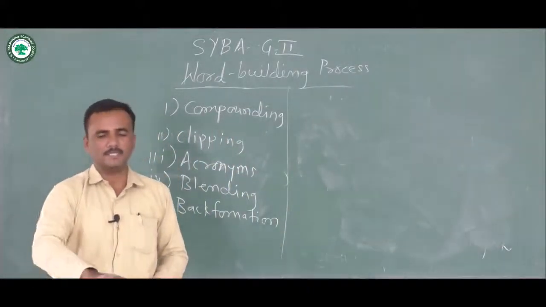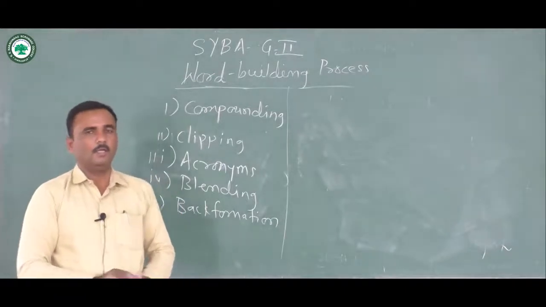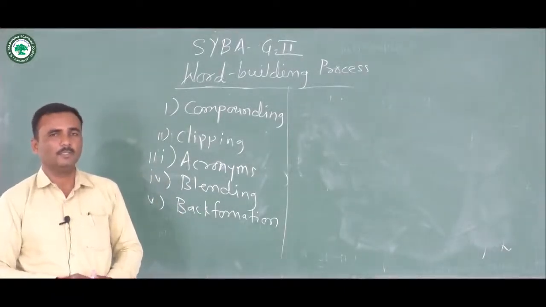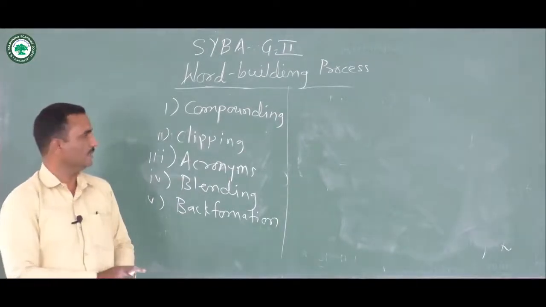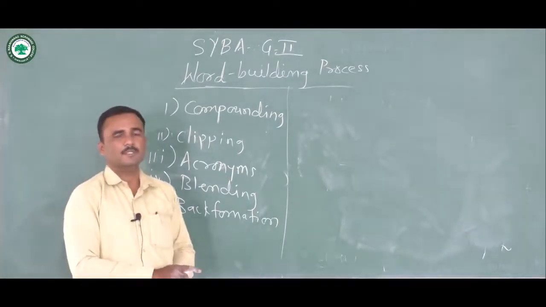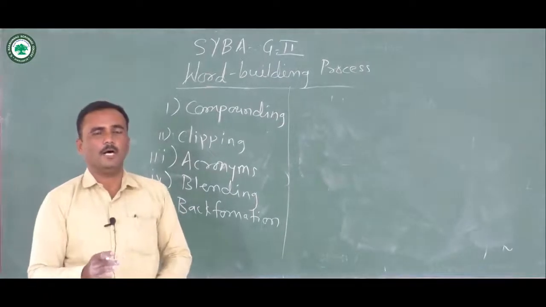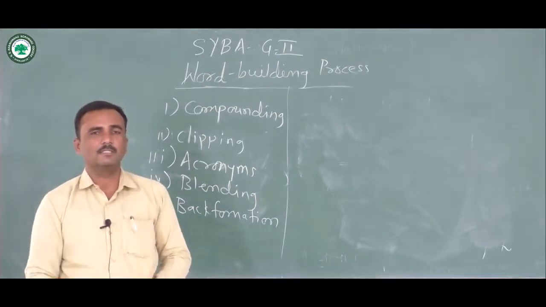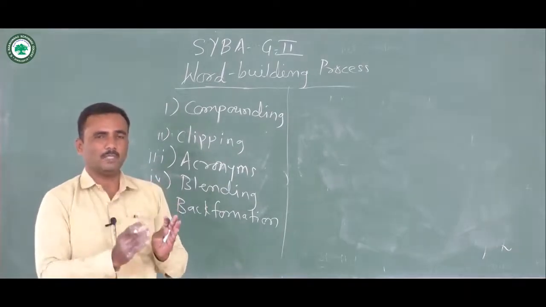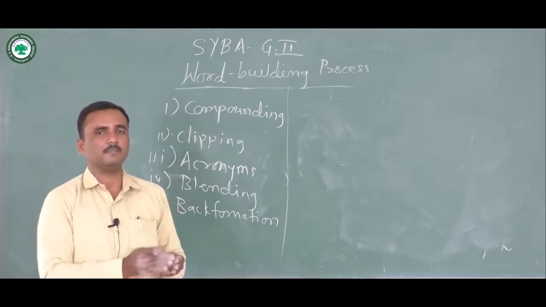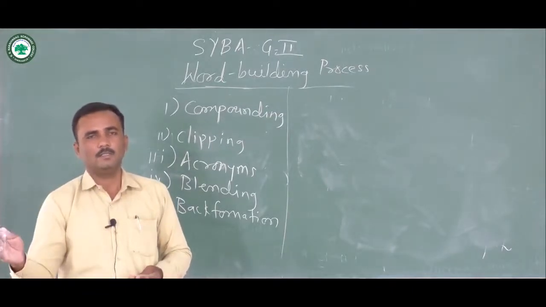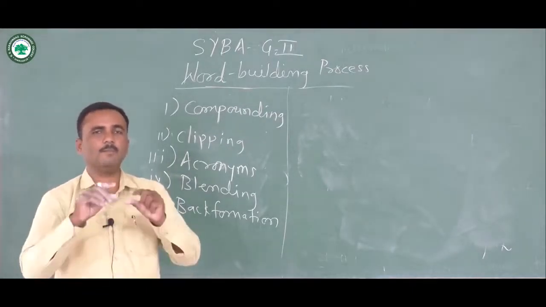It can take place at the second part of the word, and the first half of the word is retained. Sometimes the first half of the word is clipped and the second part is retained. Sometimes a word can be clipped at both ends. That means the first part of the word can be clipped and the end part can be clipped, and the middle part of the word is retained.